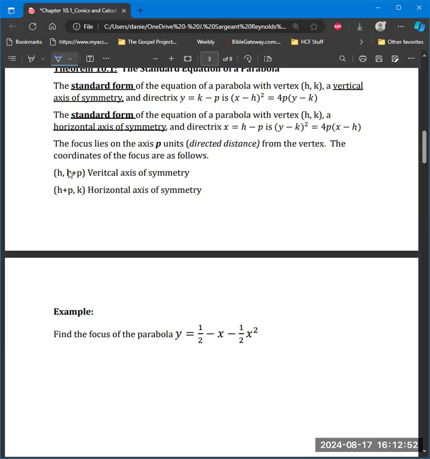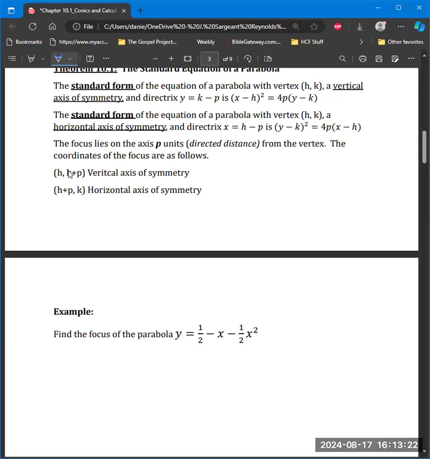This is the only form that has one of the variables squared and the other one not squared. So get the variables that are squared on one side and complete the square, and then get the things that are not squared along with the constants on the other side and make it fit this form, with a coefficient of 1 in front of that non-squared variable.